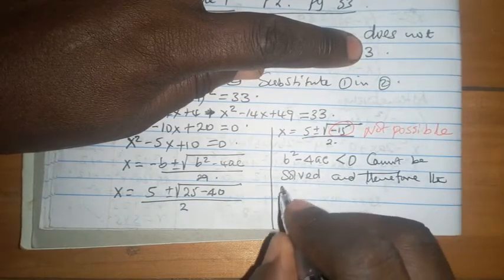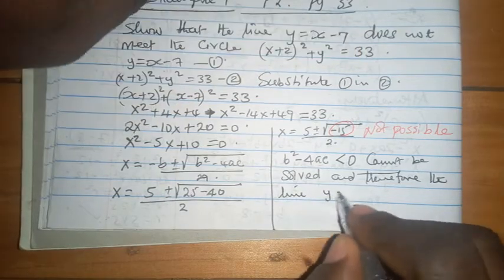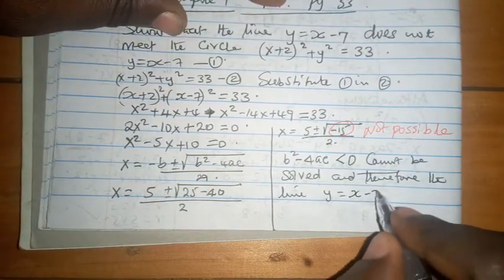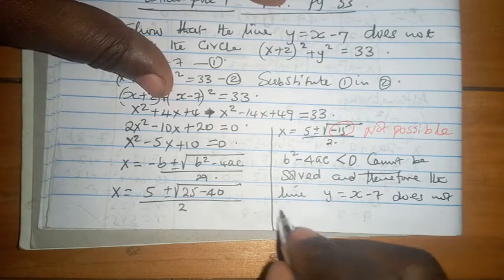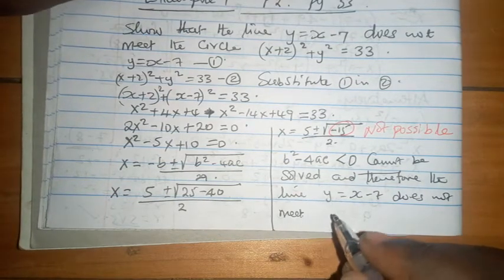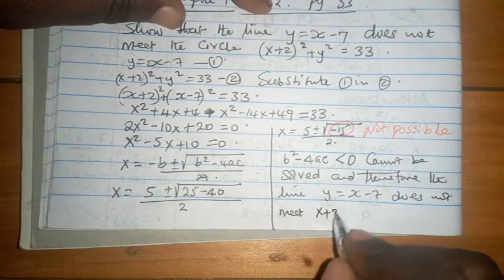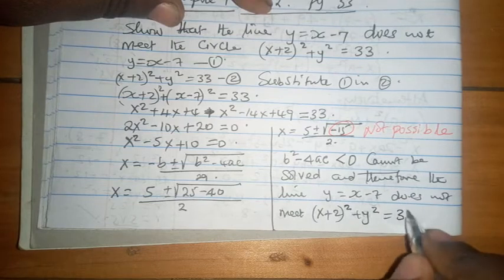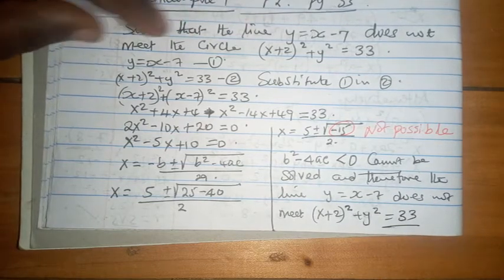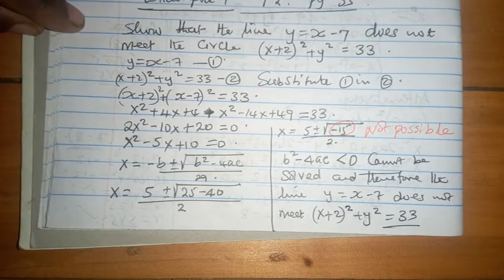And therefore the line y is equals to x minus 7 does not meet the circle (x plus 2) squared plus y squared is equals to 33. That is simply the conclusion to that question.